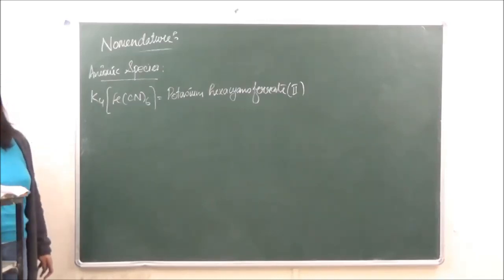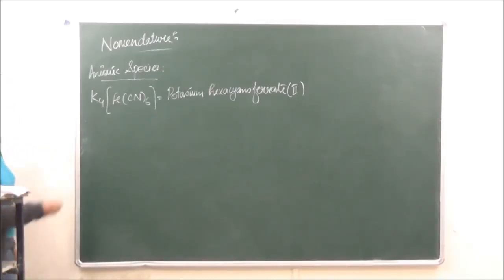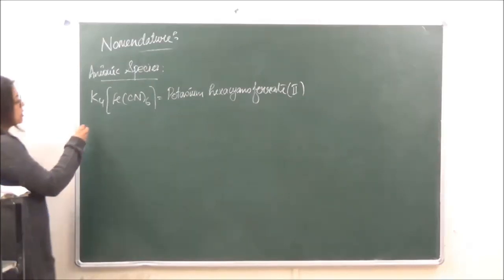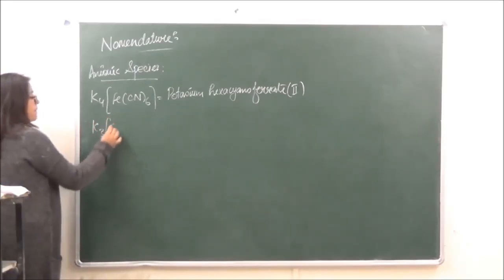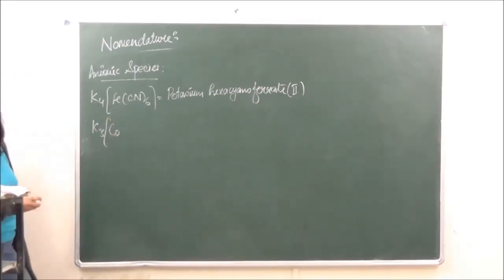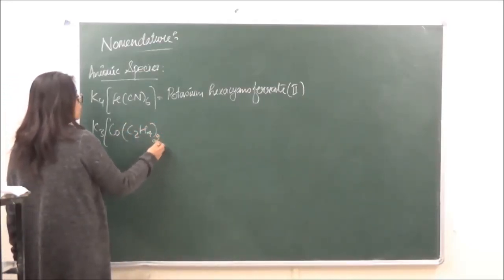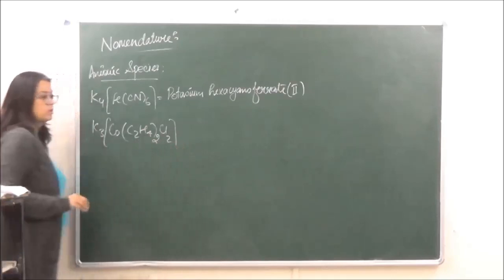Okay? After that, let's take another example. We have K3 Co C2O4 whole twice Cl2, right?